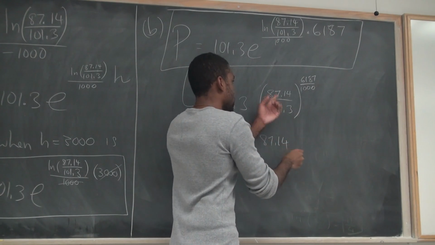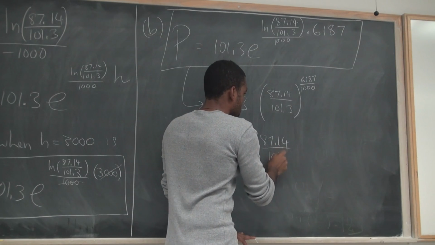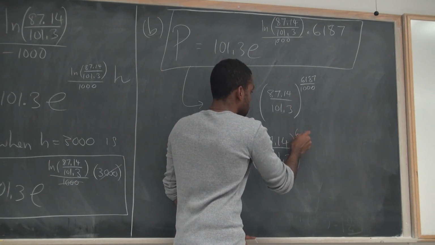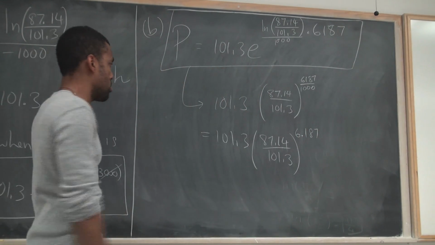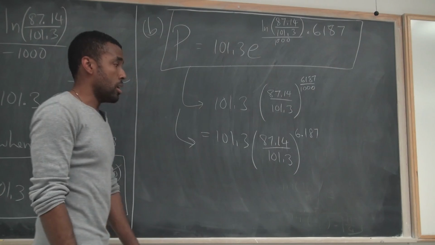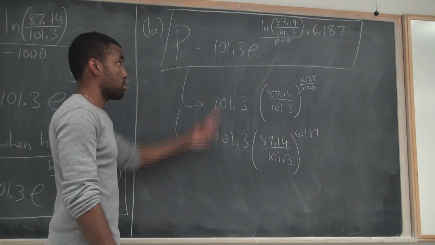And of course, this guy you could simplify, but I'm not in the mood to do that now. Without a calculator, there are a bunch of ways you could write it. I don't particularly care for doing this. That's good enough.